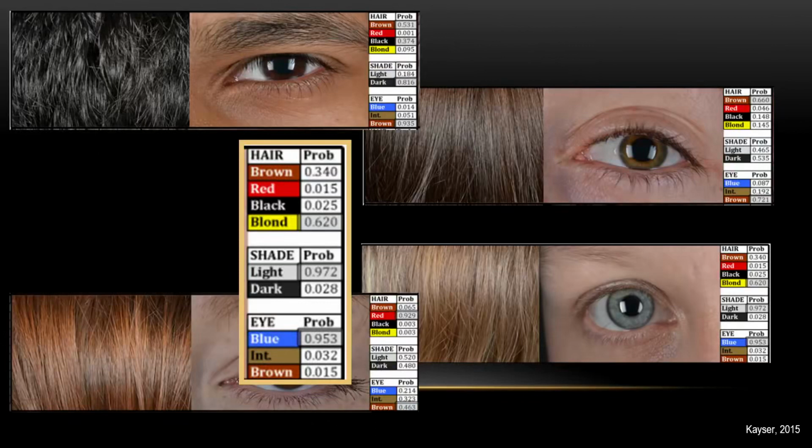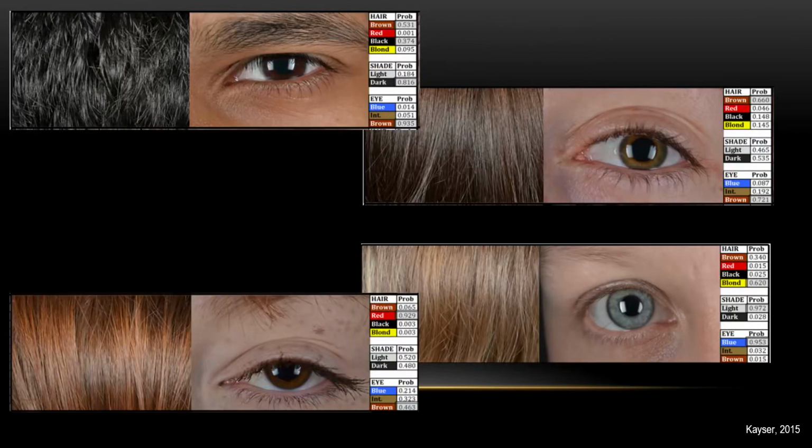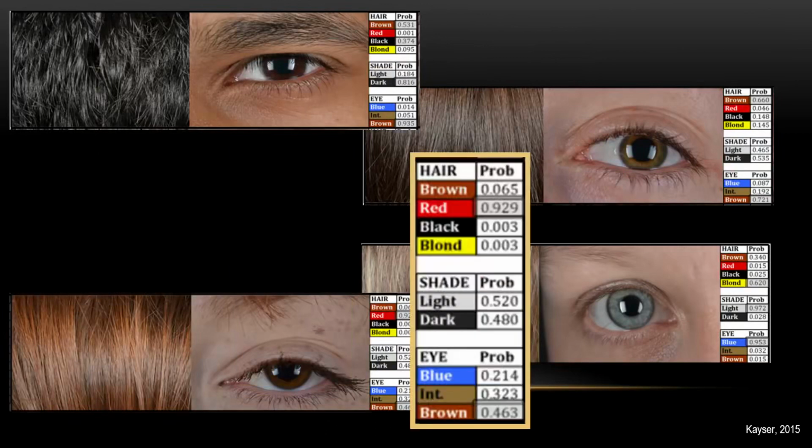So this was quite accurate, this prediction. And here, the red-haired person of 92% red hair. However, for skin tone, again, this was quite undecided. So it was, again, 50-50. So it's dangerous to draw a conclusion here just because one is higher than the other. And also for the brown hair, brown eyes, there was just 46% certainty here.